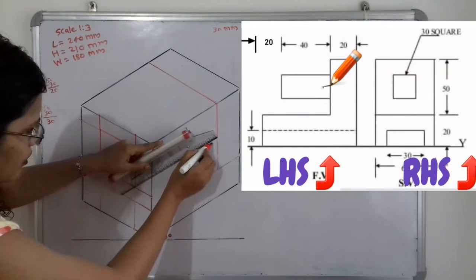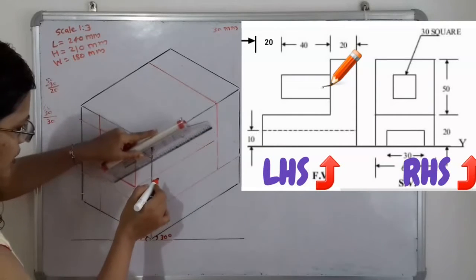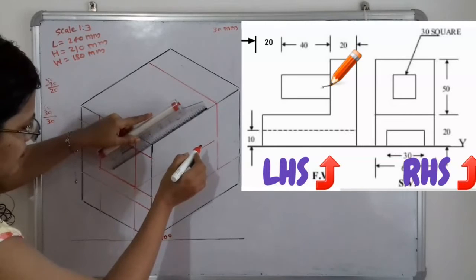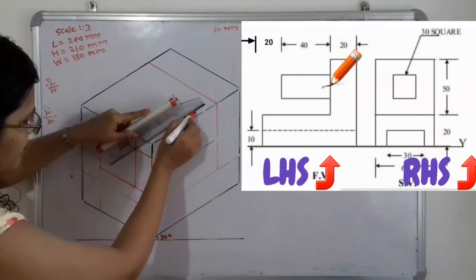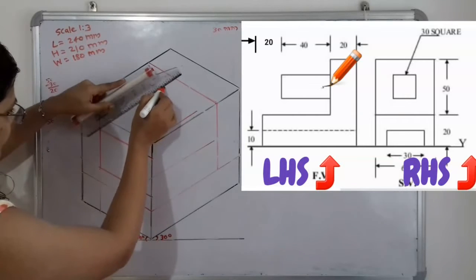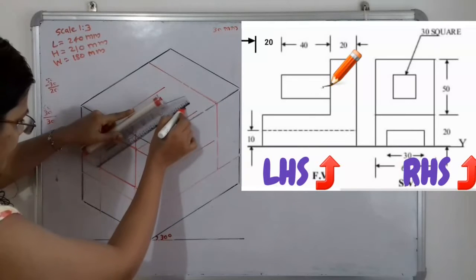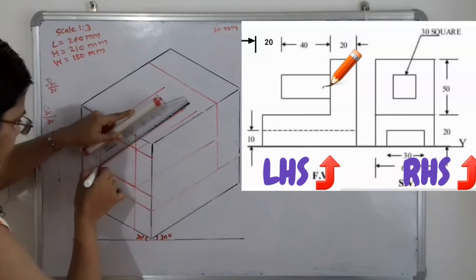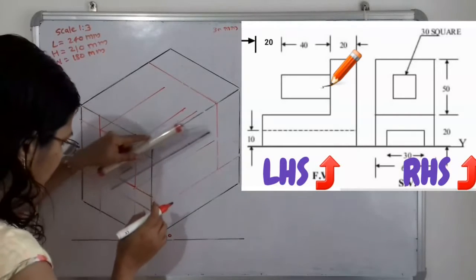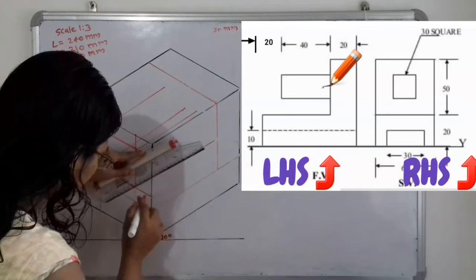We have to take care that the projection lines are parallel to each other. Now we have to select a distance of 180 millimeter. So here, 180 millimeter, we will select a point.